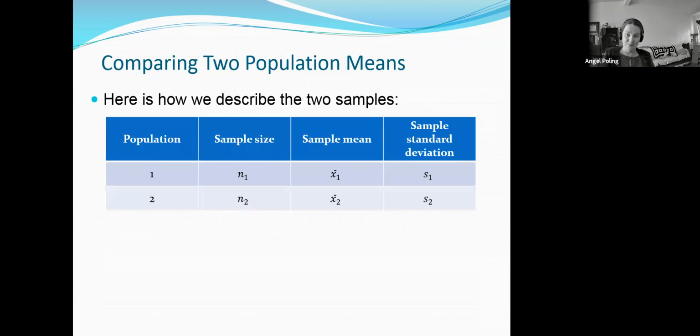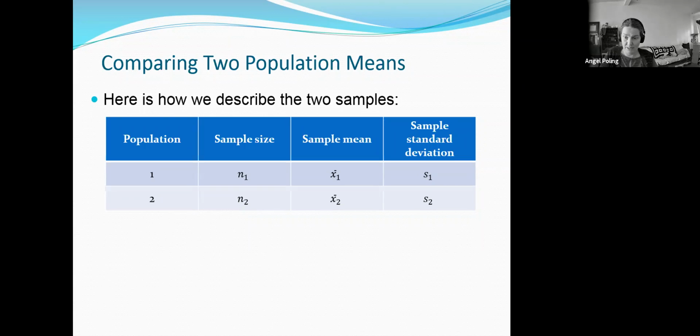So here's our sample. So from population 1, we have a sample size for the first sample of n sub 1, a sample mean of x bar sub 1, and a sample standard deviation of s sub 1. And for population 2, right, cats and dogs.